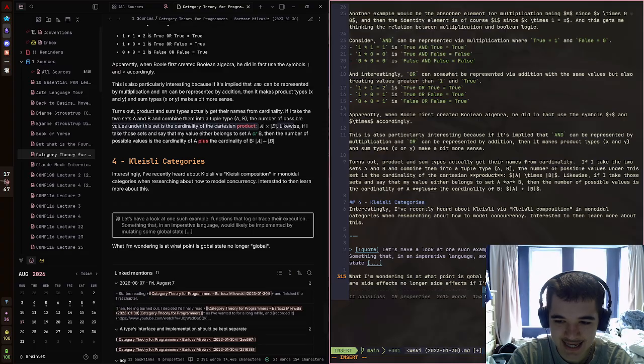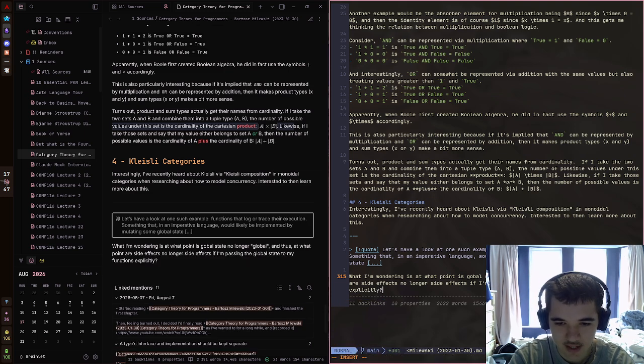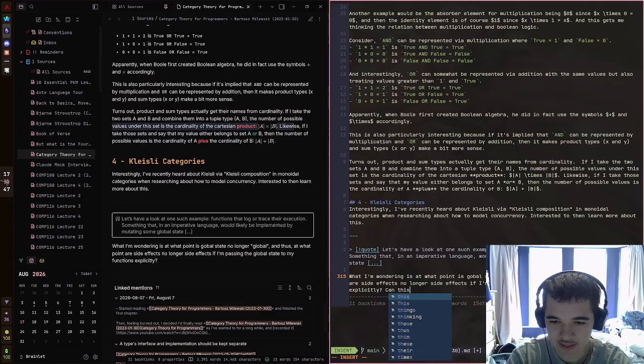If I'm passing the state, the global state, to my functions explicitly, does this change, or can this change, the way in which I think about side effects?